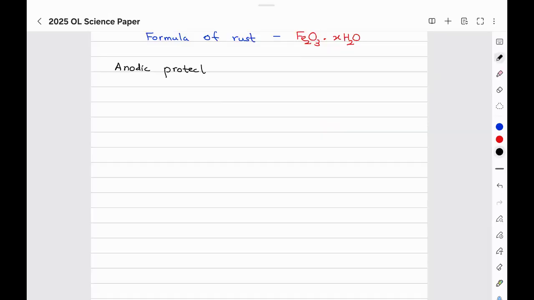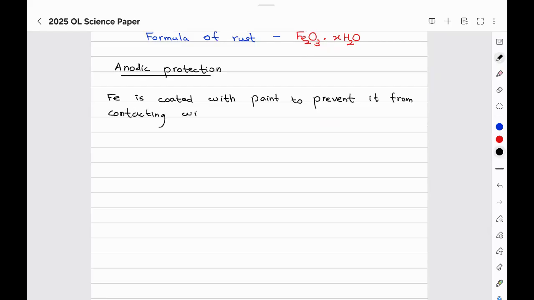In anodic protection, iron is coated with paint to prevent it from contacting the factors necessary for rusting.